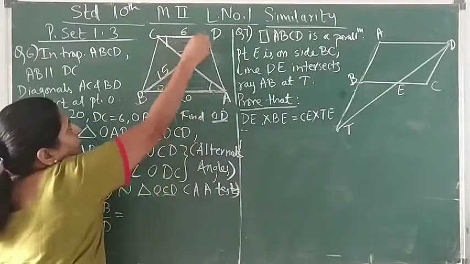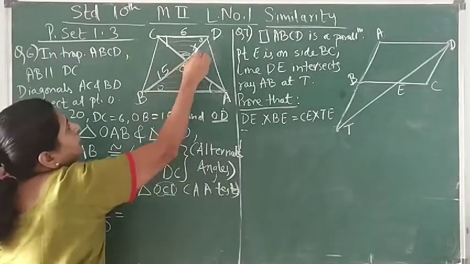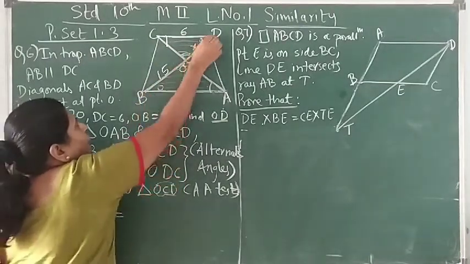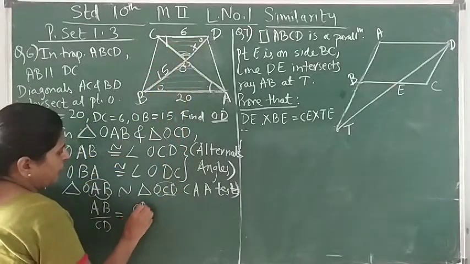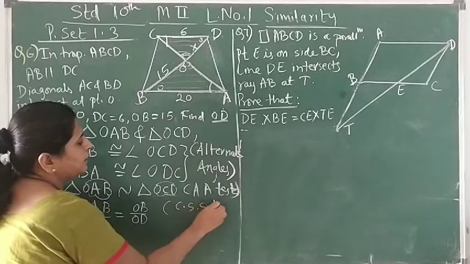The CD and AB we want, and then OB and OD we want. OB is 15, given to us, and OD we have to find. So it is OB upon OD. These are the corresponding sides of similar triangles.